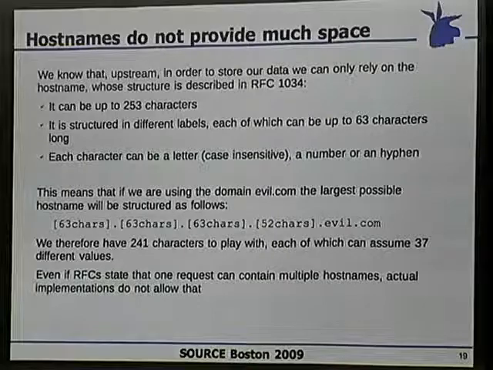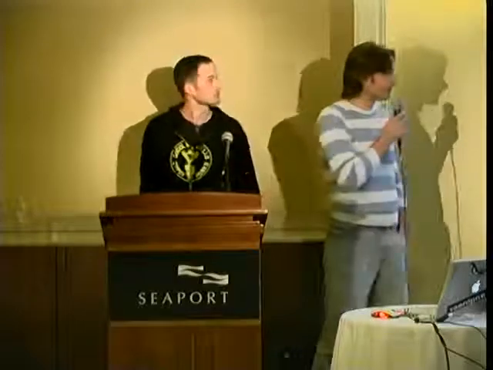Okay. Yeah, do you want? Yeah, go ahead. As most of you know anyway, how DNS names look like and how much space there is left available for us to use. These are actually only 253 characters, excluding the domain name. And the 253 characters are split into labels, which are a maximum of 63 characters long.